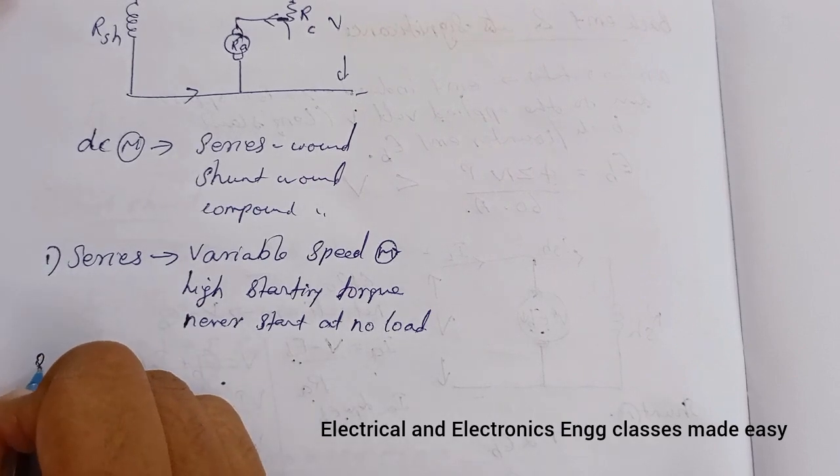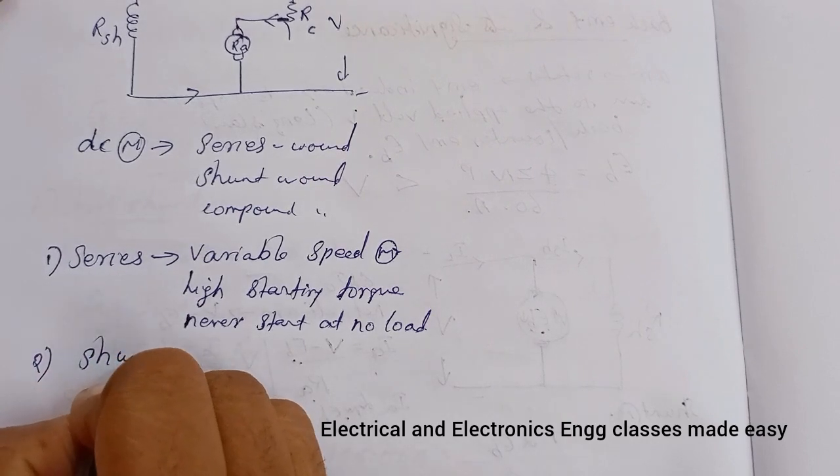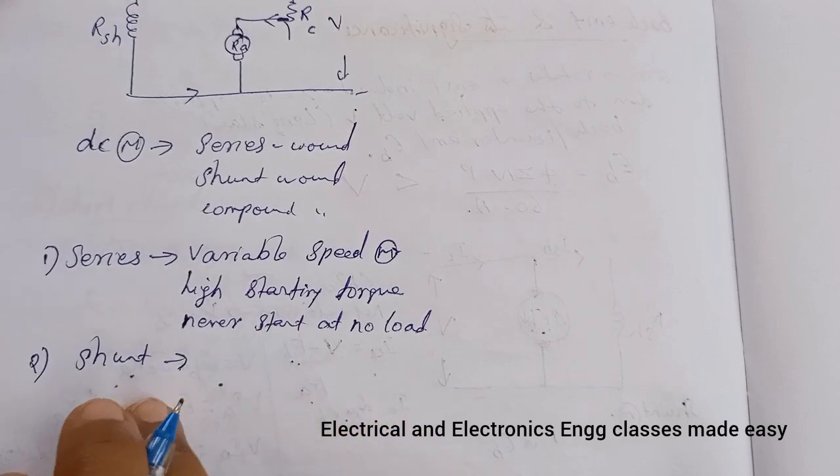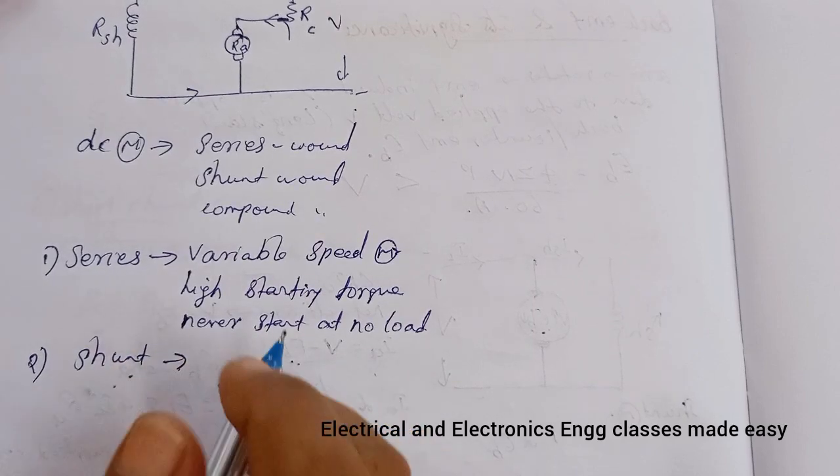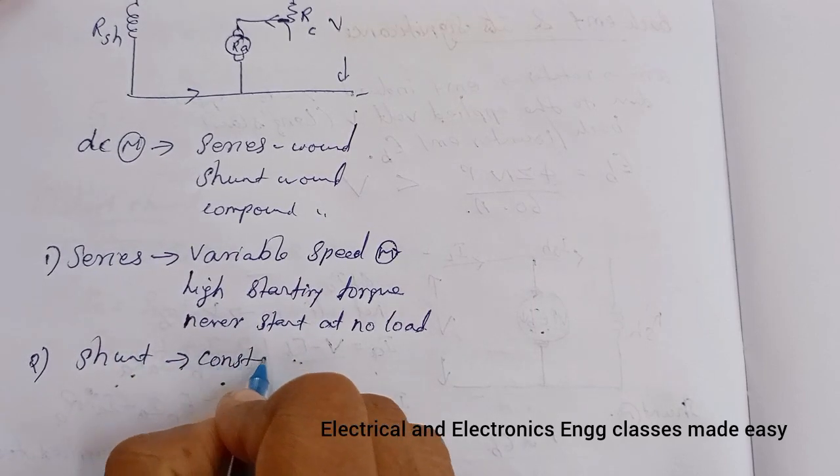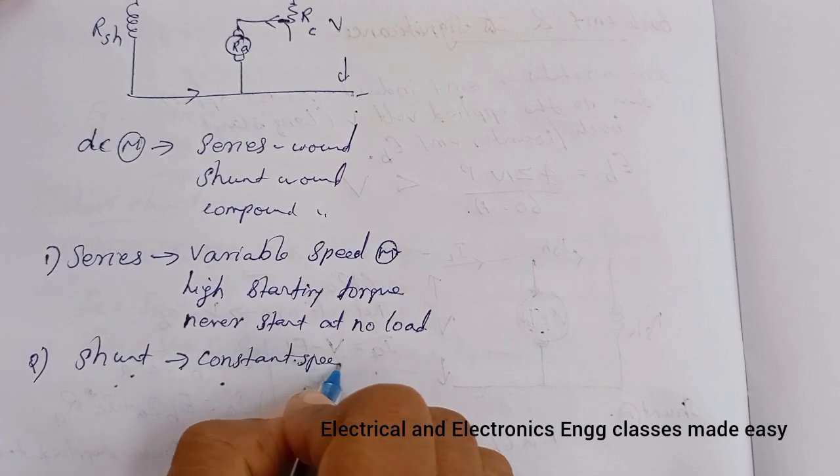Then shunt motor, it is called constant speed motor.